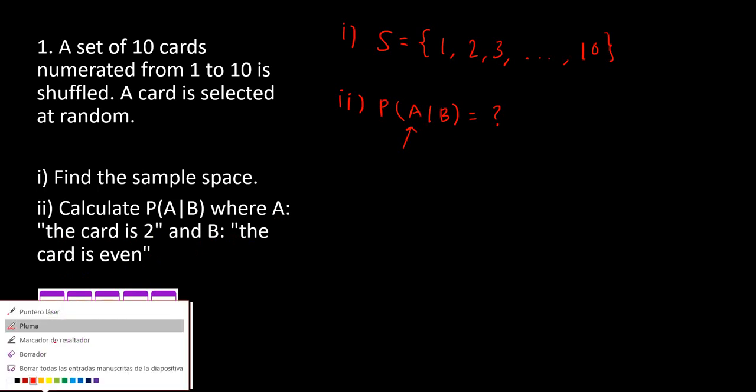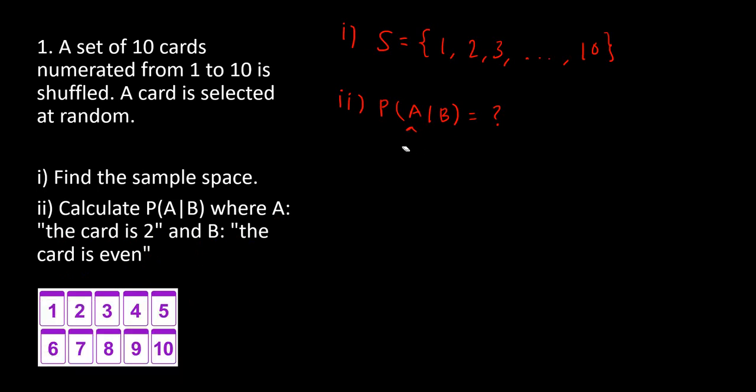So what we want to calculate in this particular problem is the probability that the selected card is 2, given that we know that the card is even. We select one of these cards at random.